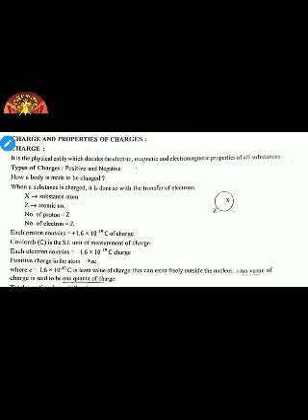Okay, you can see over here the units have been marked. It is shown over here, 1.6 into 10 to the power minus 19 coulombs. This is basically the charge on an electron. But as it is on an electron, it would be negative.